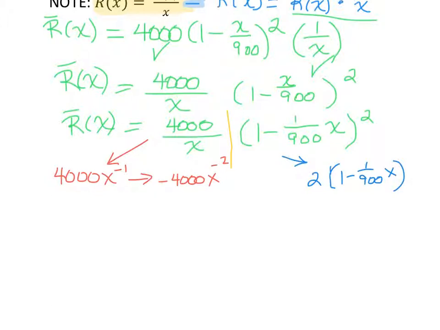So that's actually going to be more easily written as 2 times 1 minus 2 over 900 times x. And if you want to reduce that fraction and make your life easier, that could be written as 2 times 1 minus 1 over 450 times x.